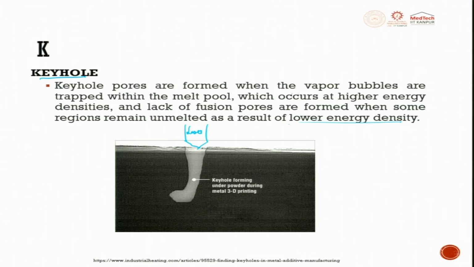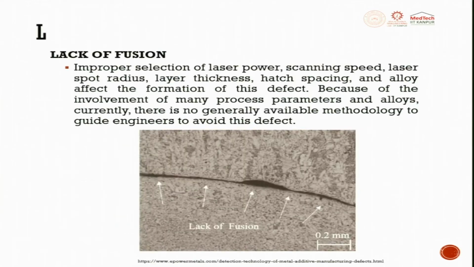These are formed when the vapor bubbles are trapped inside the melt pool, which occurs at higher energy density, and lack of fusion pores are formed when some regions remain unmelted as a result of lower energy.